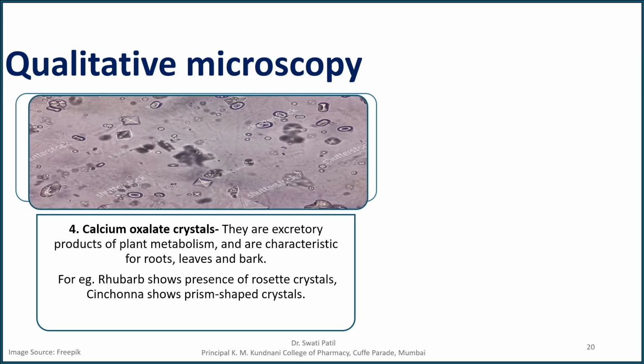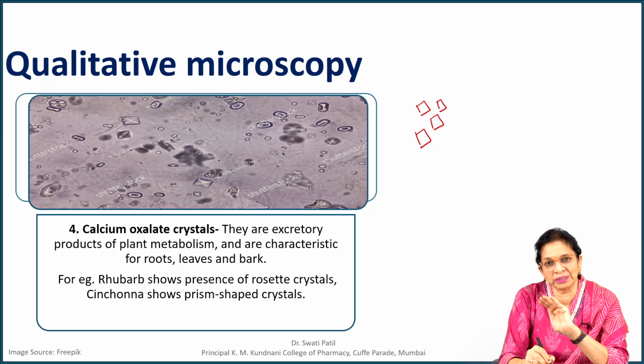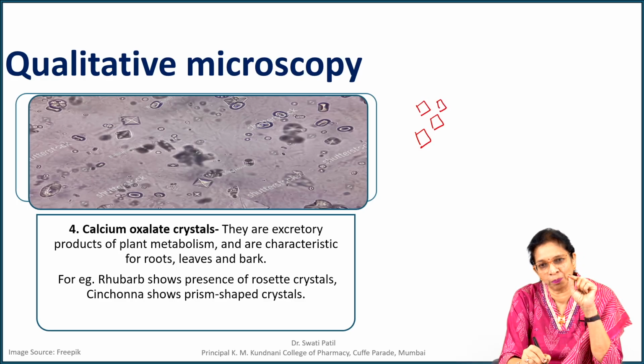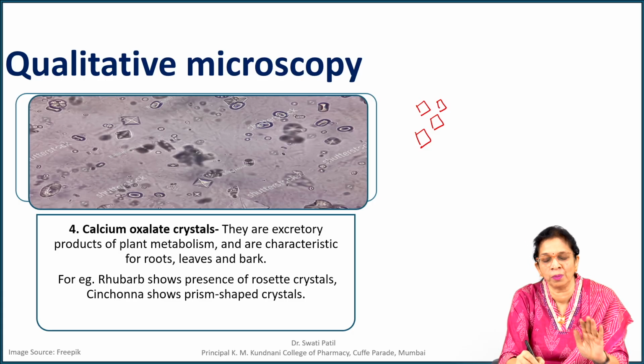For example, if we look at kurchi bark, you put a pinch of kurchi bark under the microscope, you can see these tiny sugar like crystals. These are prism shaped calcium oxalate crystals. Even without processing kurchi powder, just take a pinch of kurchi powder, put it on the slide and see under the microscope.